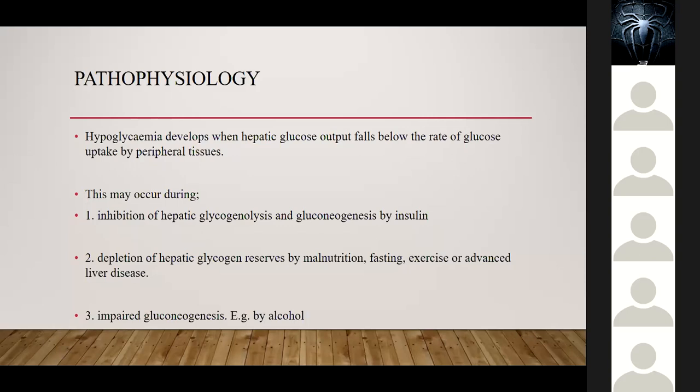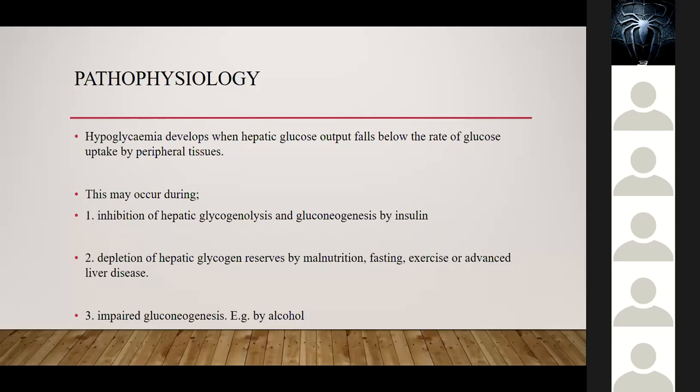Also, if you starve, you are not eating, you are a bit hungry and you are exercising, or you have a condition like liver disease, because the liver is supposed to store glycogen. When we discussed chronic liver disease, we said one of the functions of the liver was to store glycogen.